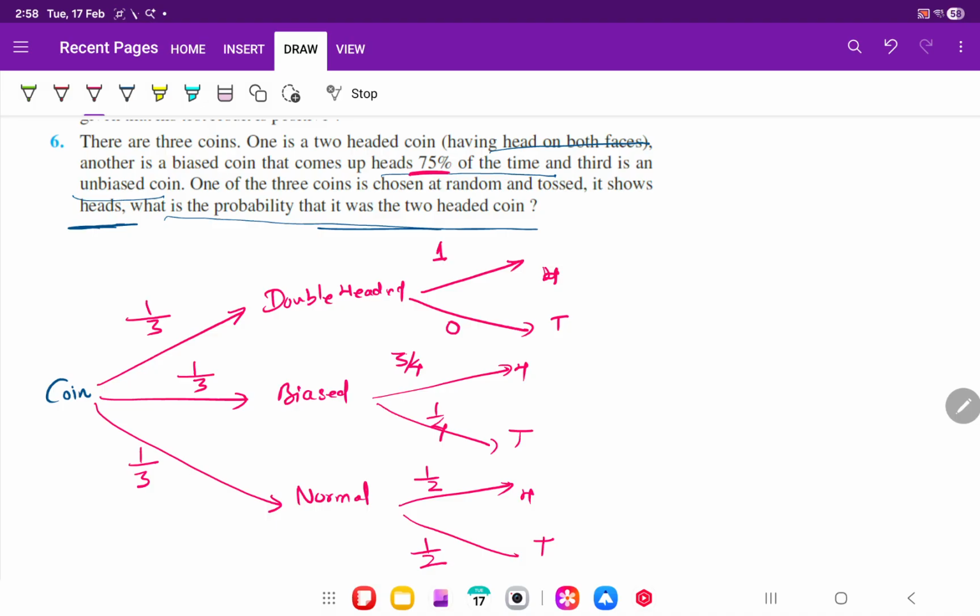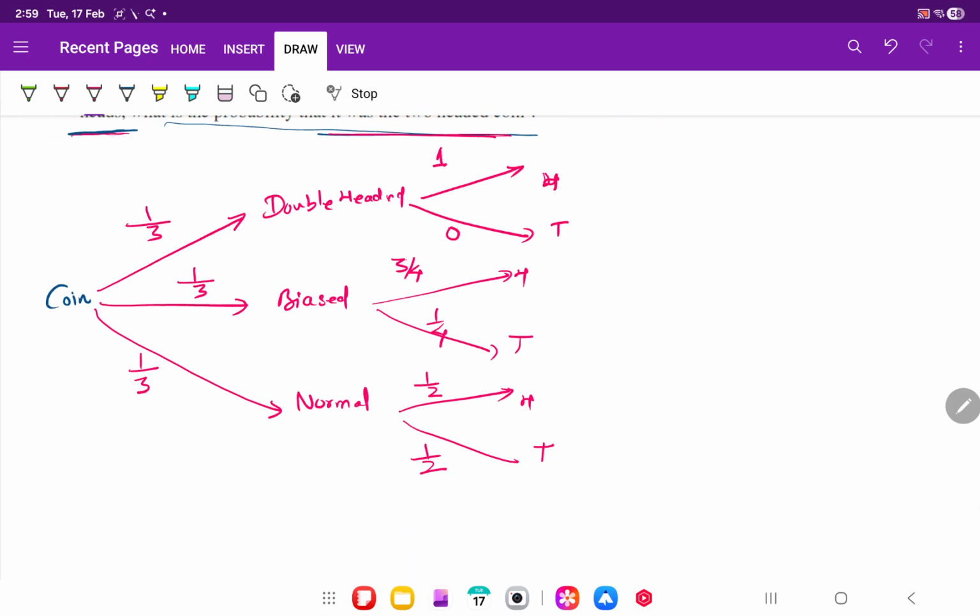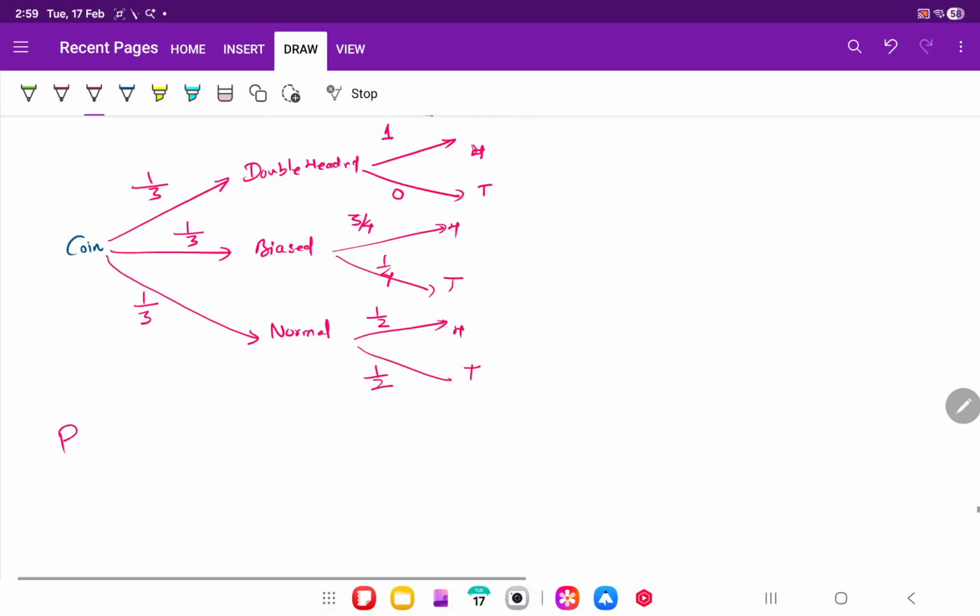Now we have to find the probability that it is the 2-headed coin given that you got head. What is the probability that you got it from the double-headed coin? Let me write it down here. Probability that you got it from double-headed given that you got head, correct?